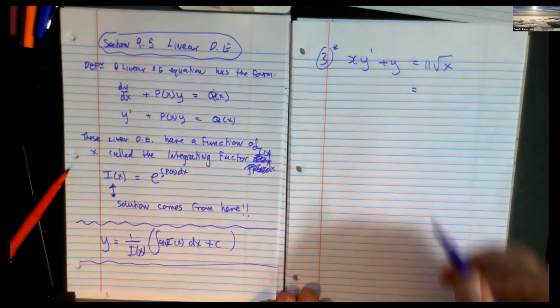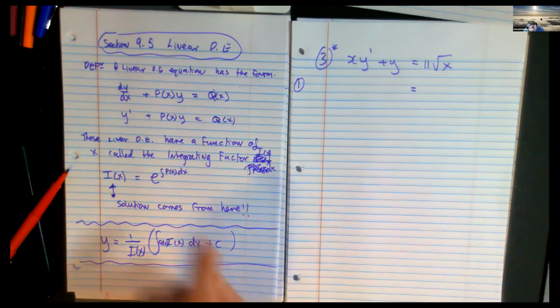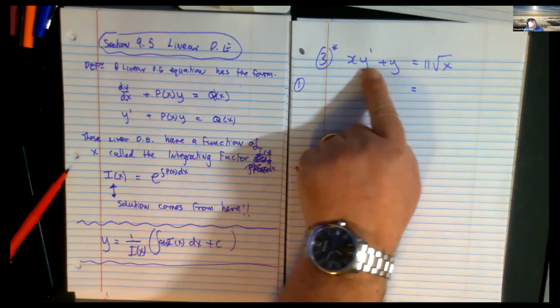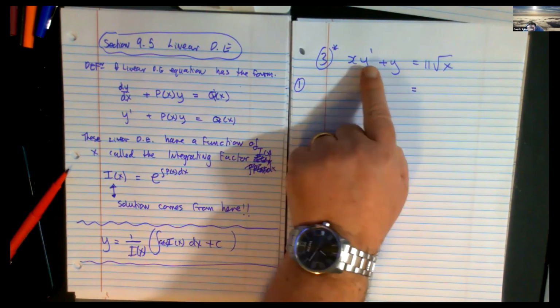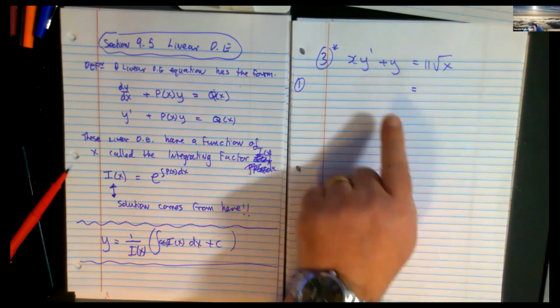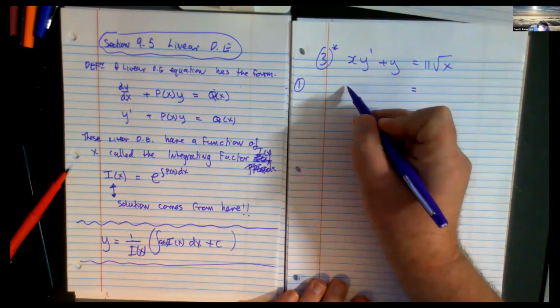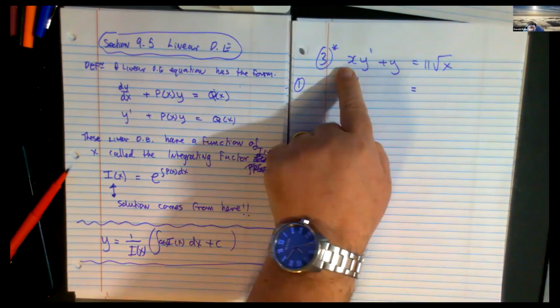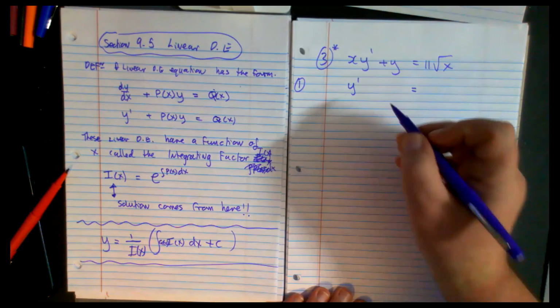Okay, step 1. This has to look linear. This does not look linear, but it will. What will I need to do to both sides to get a y dashed on its own here? Divide by x. Now that makes this a bit weird.